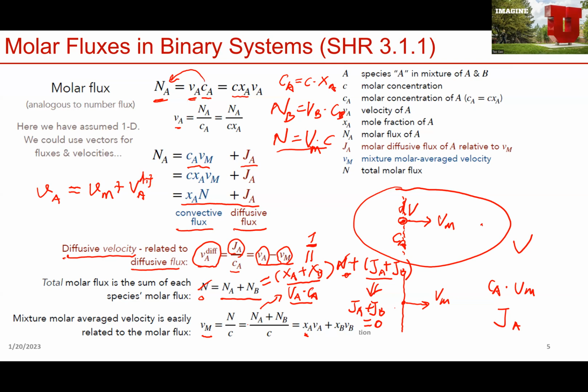Recall our example about the mixing of species A with B. This means that whenever you have diffusive flux of A going in one direction, there will be diffusive flux of B going in the opposite direction with the same magnitude. Mathematically, you add them together, they cancel each other.